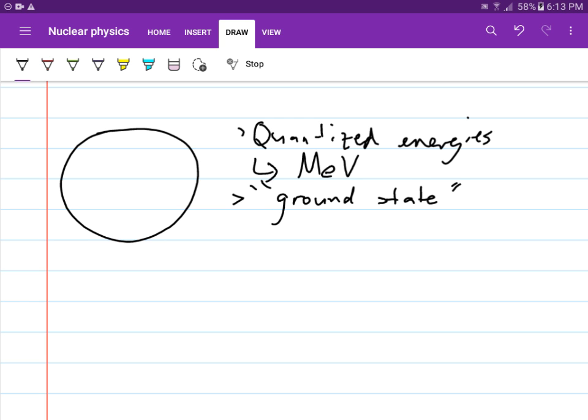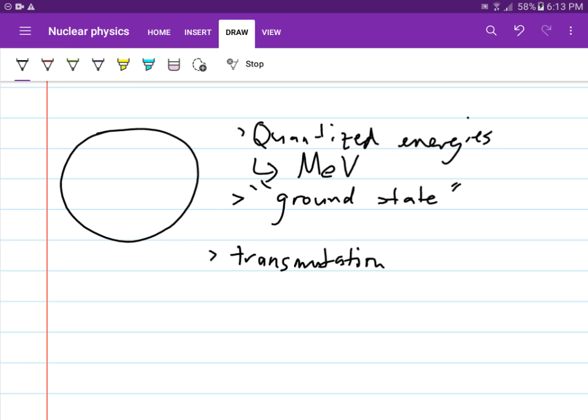But a nucleus can get excited by transmutation. We have learned previously in beta decay that a proton may be converted to a neutron and a neutron may be converted to a proton.